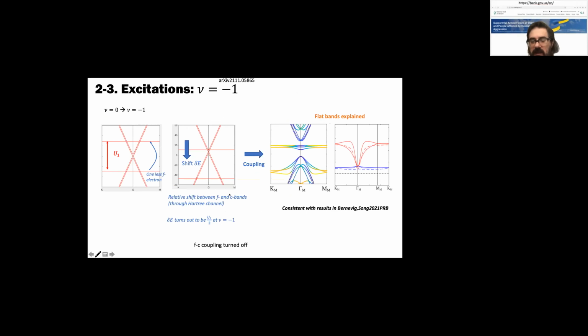Okay, so with that, because I've already taken too much time, I'm going to take just 3 more minutes to explain 2 more things. Remember, I was saying on the previous slide that mu equals 1 is particle-hole related to mu equals -1.